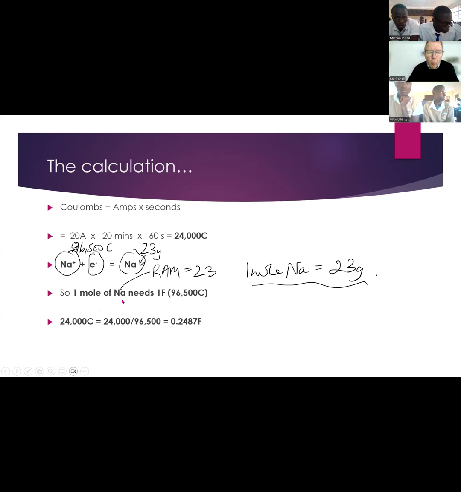So if 1 Na needs 1 Faraday, then if we have 0.2487 Faradays, we'll get 0.2487 moles of sodium, which will weigh that times 23, 5.72.